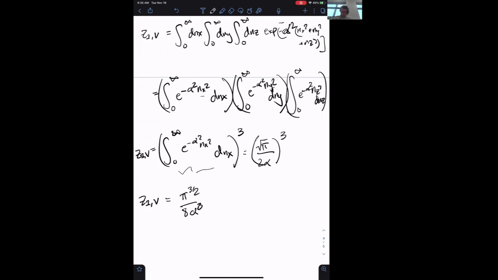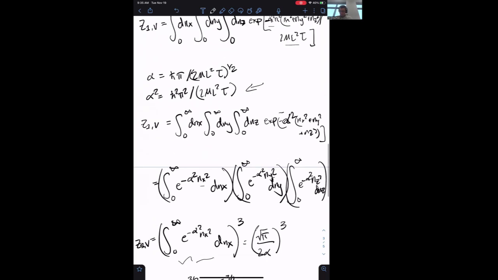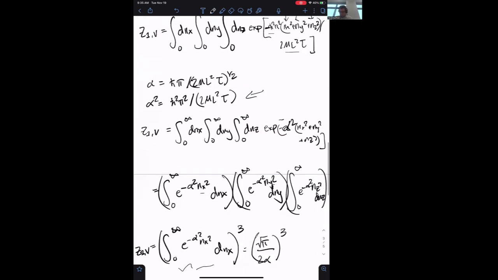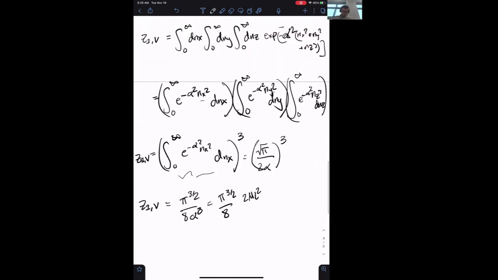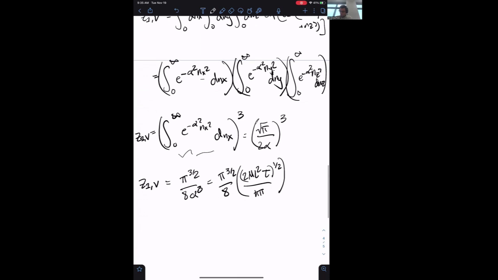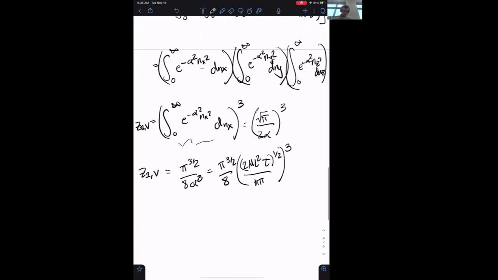So if we do that, we get 1 over alpha, cube that.